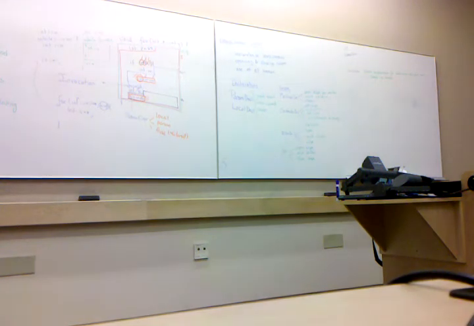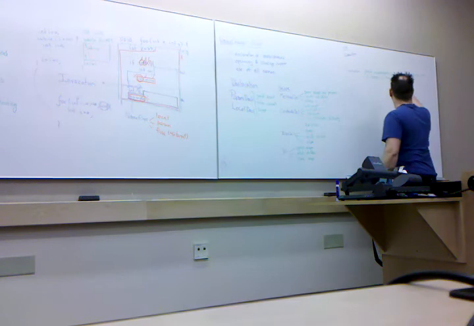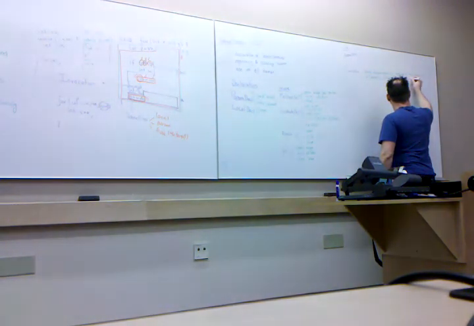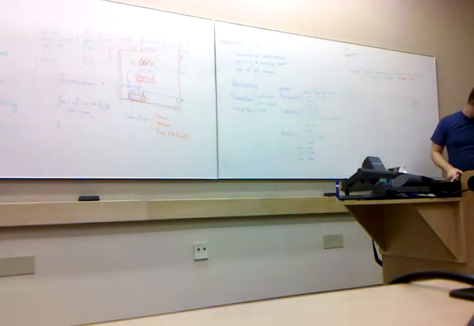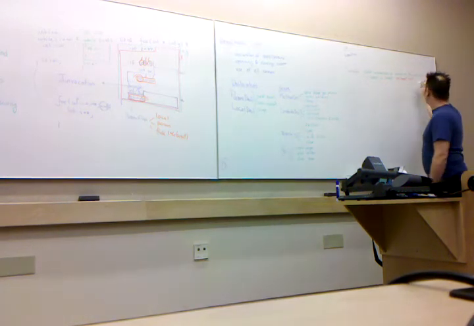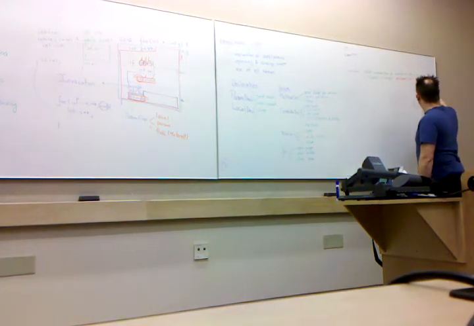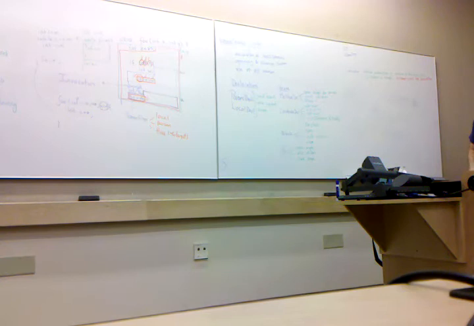Now the obvious one, of course, is where the target is not there. If there's no target, what class should I look for the method in? Well, then it has to be the current class, the class that I'm in, all right?